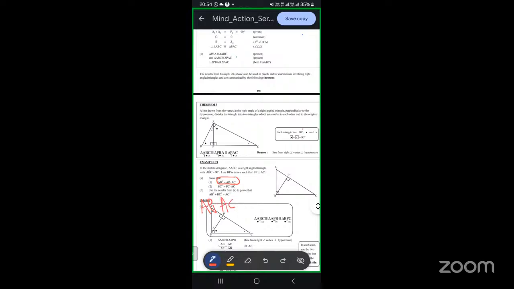Because that AB squared there is given as AP times AC. Plus then BC squared can be given as PC times AC. Before I continue any further, I just want to ask if it makes sense so far to you.